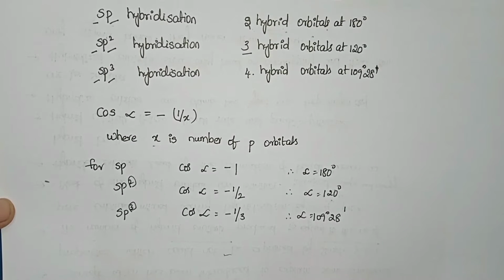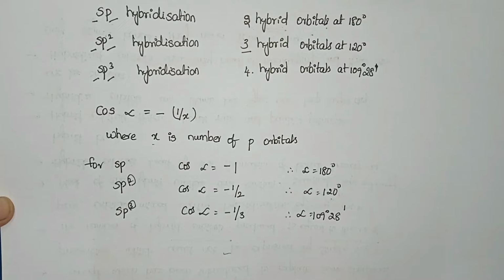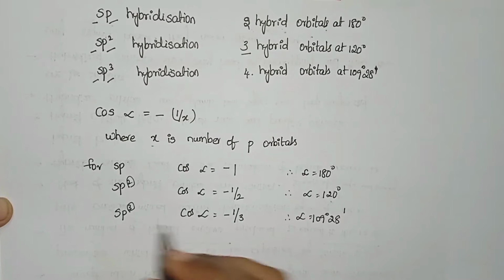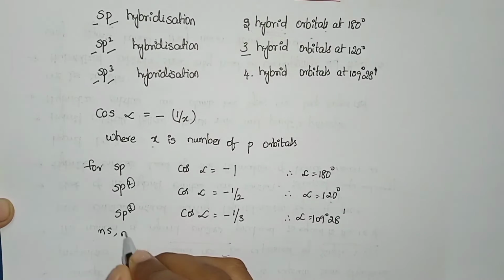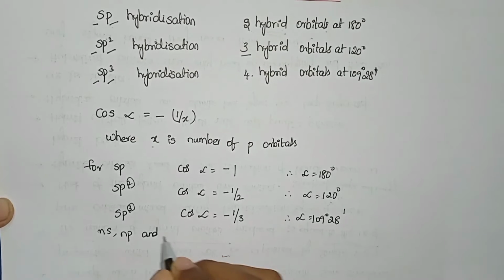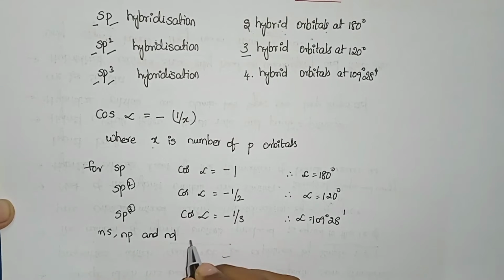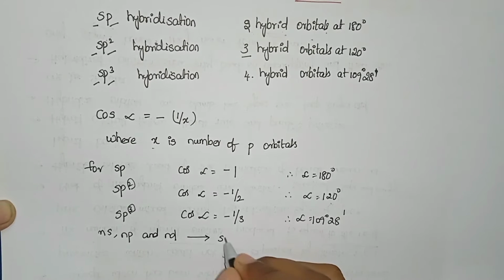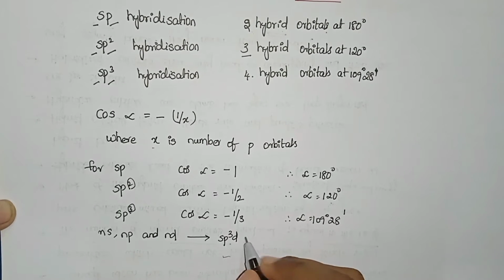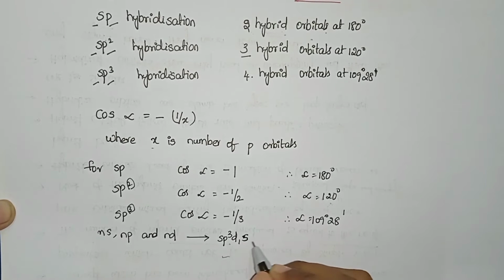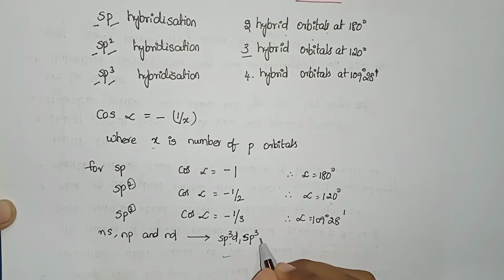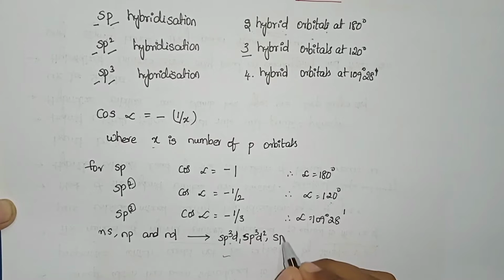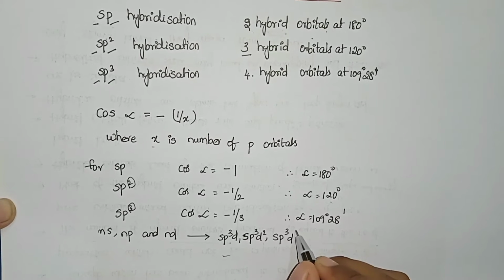The order in which orbitals of a hybrid set are written is in the order of increasing n. Main group elements use the ns, np and nd orbitals, and thus hybridization is written as sp3d, sp3d2 and sp3d3.